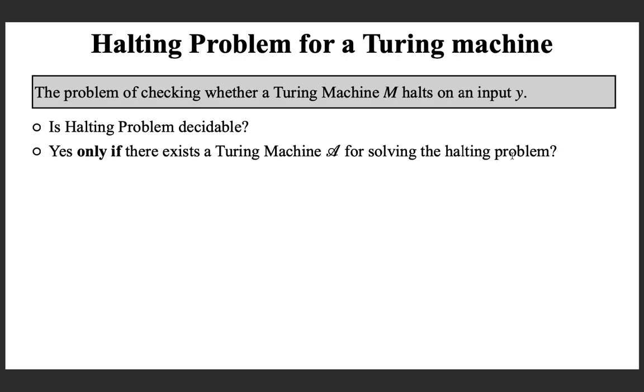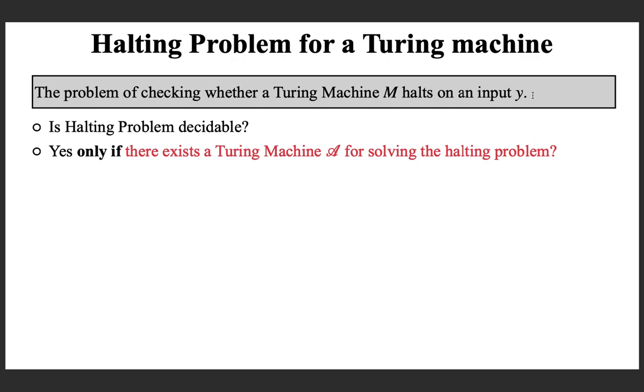That means that Turing machine, the Turing machine is assumed as capital A, will take the Turing machine M and an input Y to M as input, and will say whether M halts on Y or not.